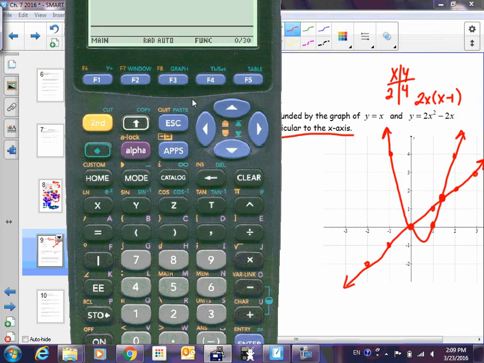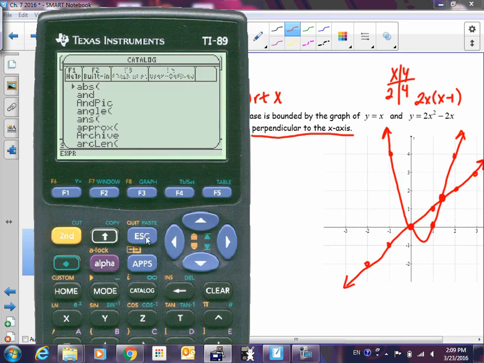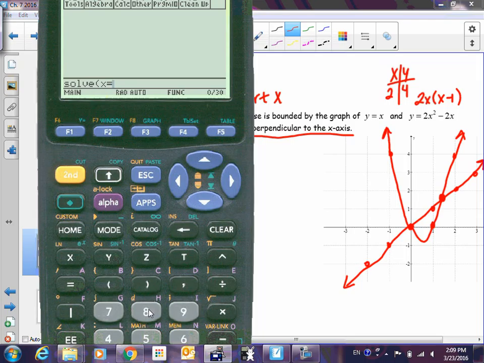Something else that may have more meaning to you now that you've taken the quiz is just to solve and then set the 2 functions equal to each other. X equals 2x squared minus 2x, comma x.